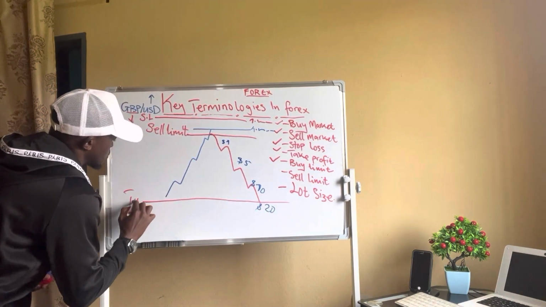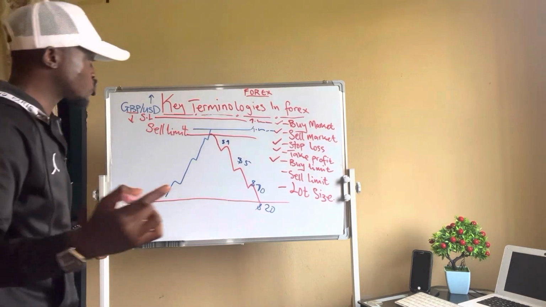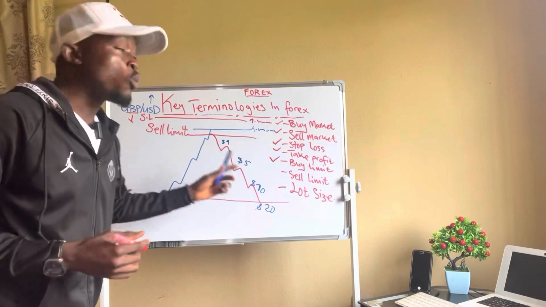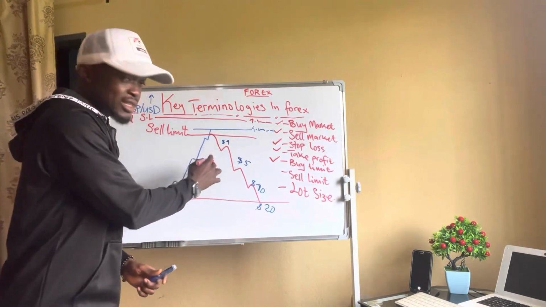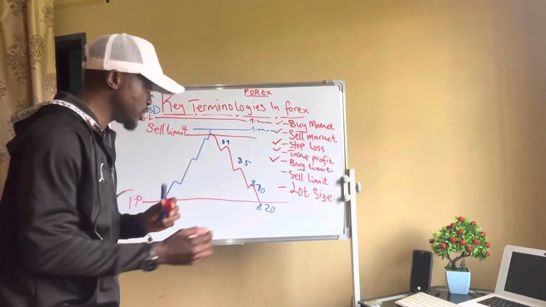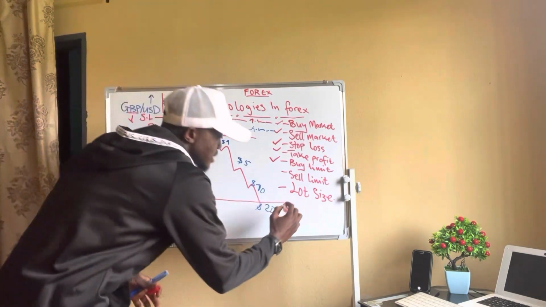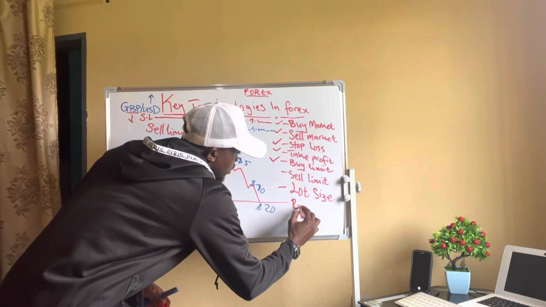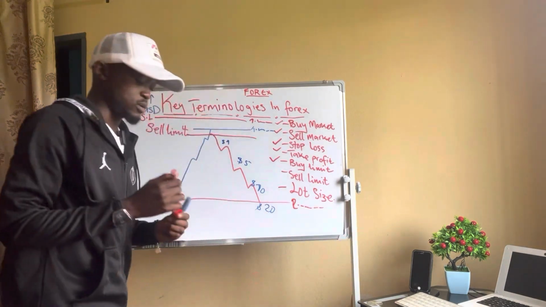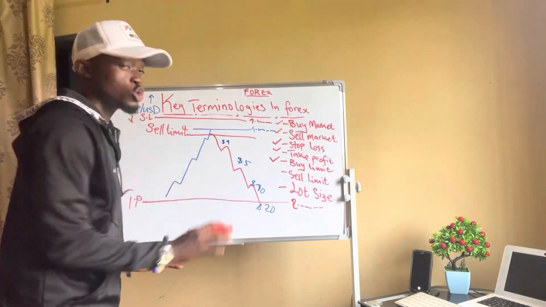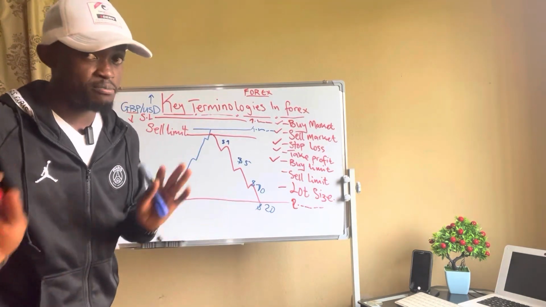TP. Instructing the broker that, hey broker, when the trade sells and comes down and hits my take profit at a certain price, 102 point something, get me out of the market with whatsoever profit I must have made.